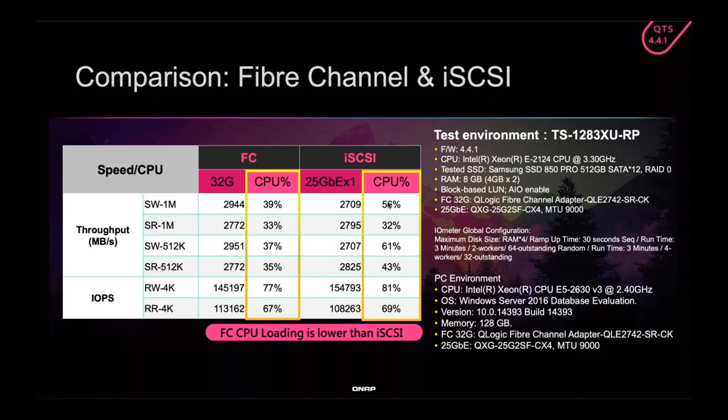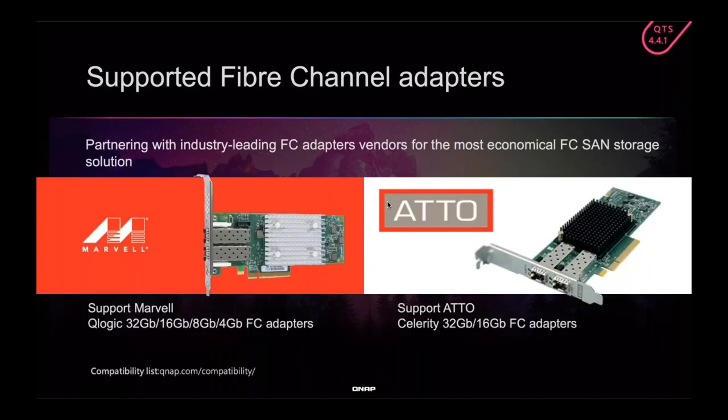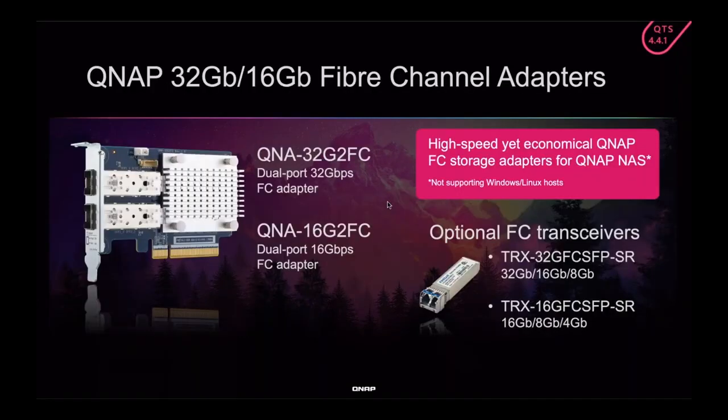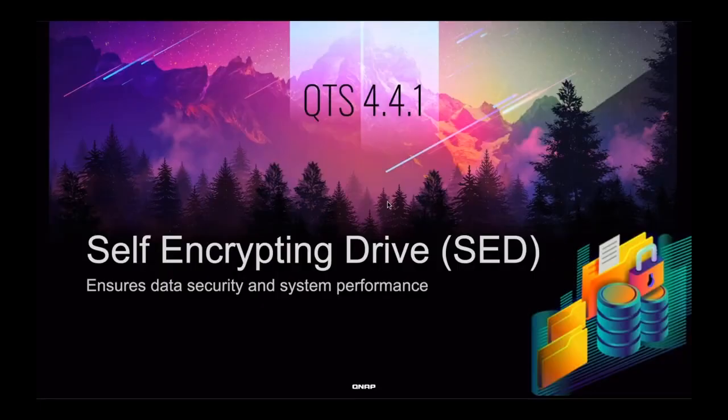So you can see that Fibre Channel helps your NAS not have to work as hard and helps you send data low latency and fast. We support the ATTO Fibre Channel cards. And we have our own Fibre Channel cards, both 32G and 16G cards. We also have our Fibre Channel transceivers, 32G and 16G.